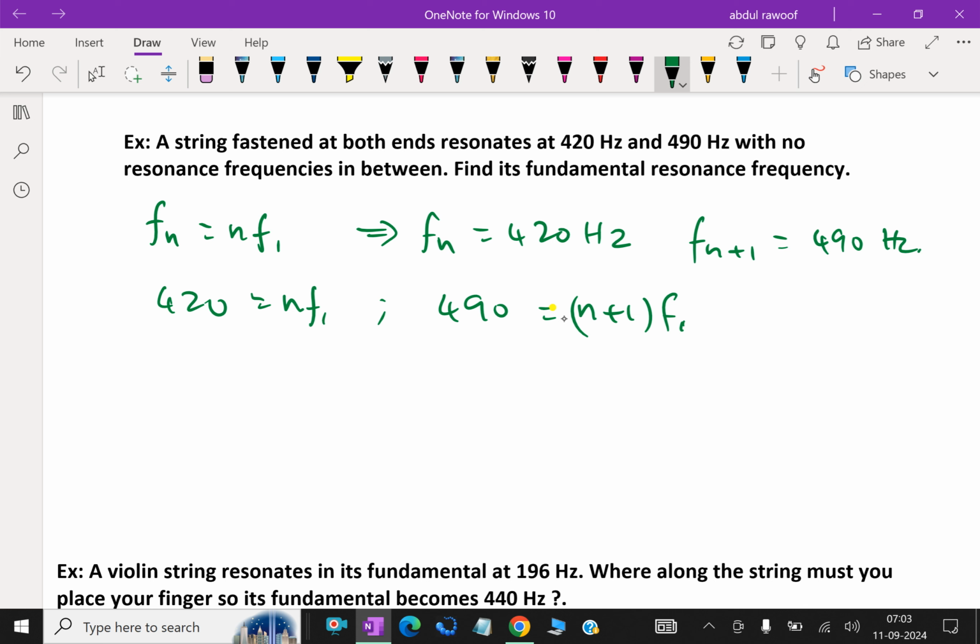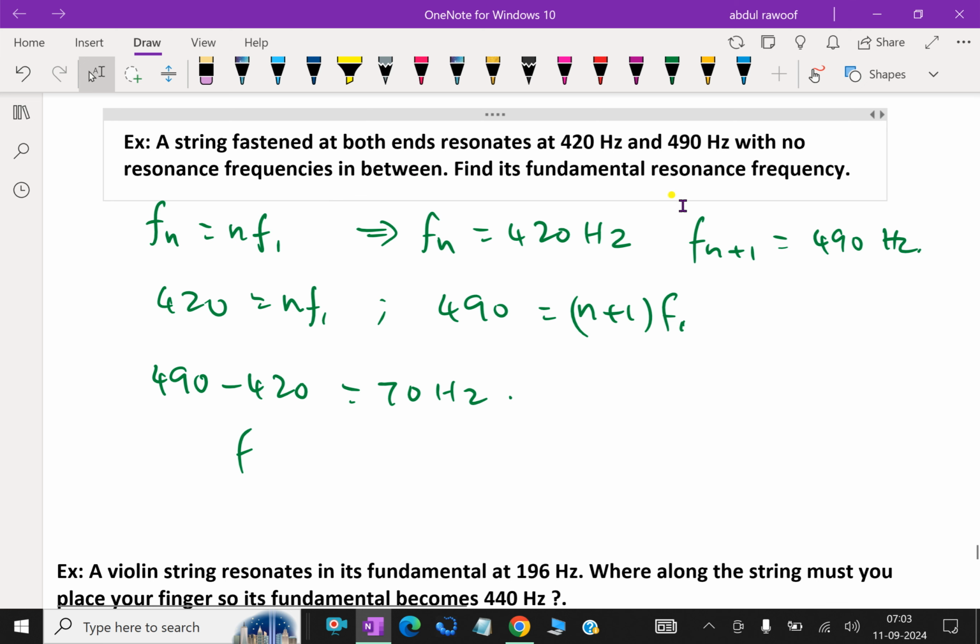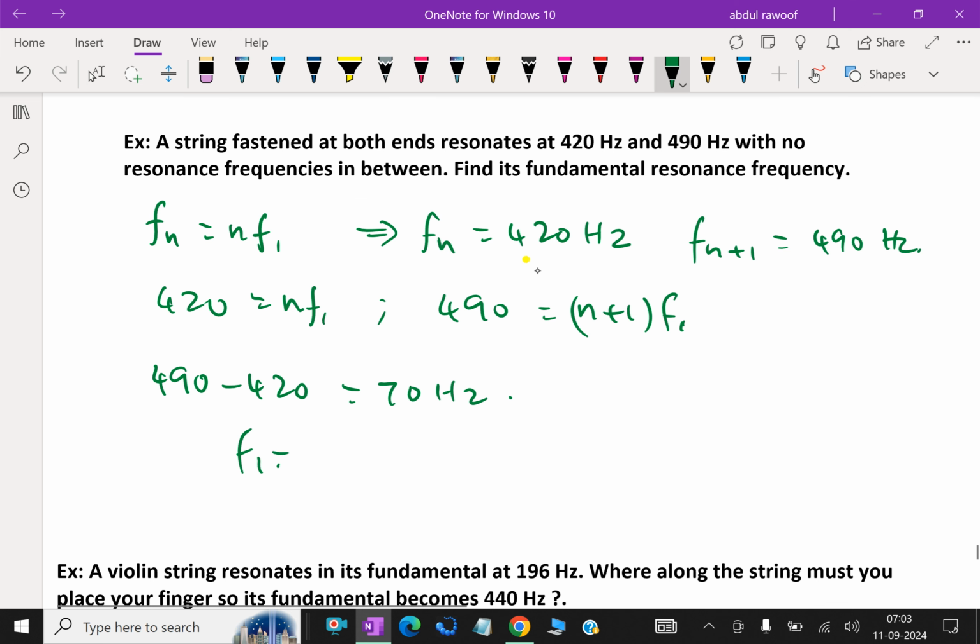Subtracting both, 490 minus 420 is equal 70 Hertz. Therefore the fundamental resonance frequency F1 equal 70 Hertz.